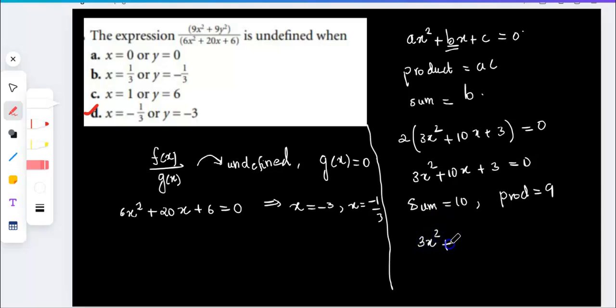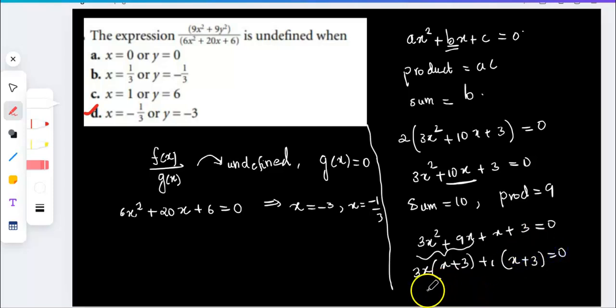So it will be 3x² + 9x + x + 3. I split the 10 into 9 and 1. From the first part, I can factorize out a 3x, so I get 3x times (x + 3). In the second part I don't have a common factor, so I just take 1 times (x + 3) = 0. This gives me (3x + 1)(x + 3) = 0.